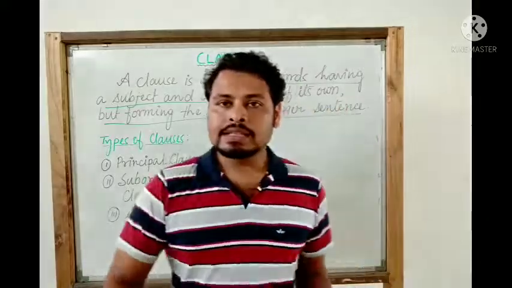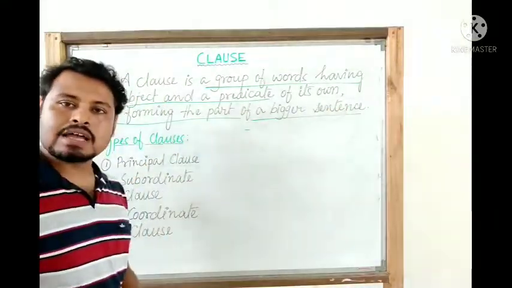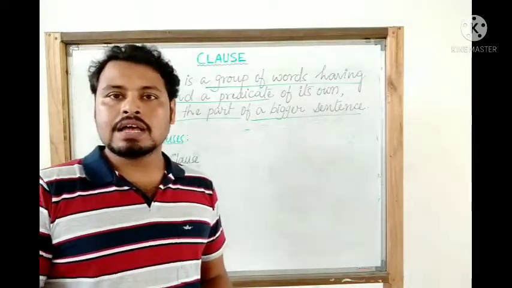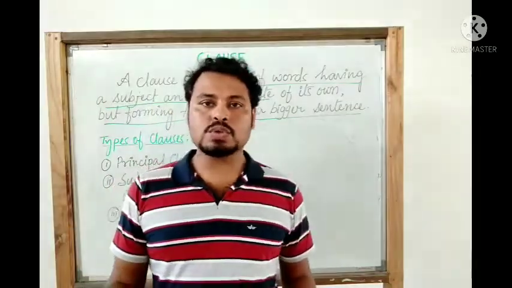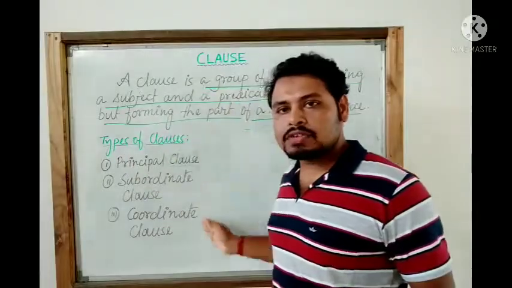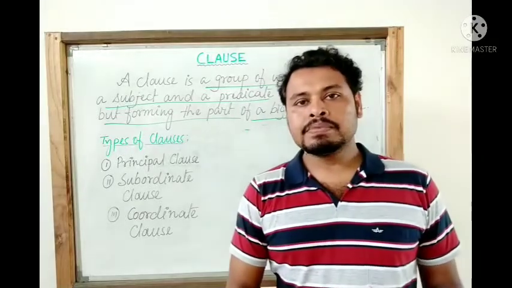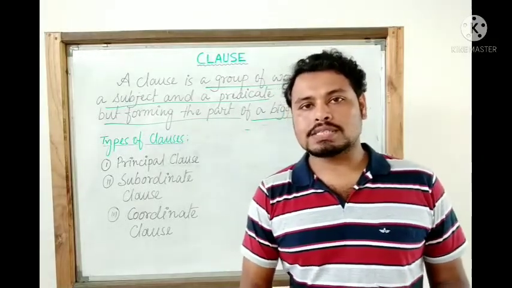So hopefully the idea of clause and its different types are pretty clear. Once we go through the definition and all the three types along with the examples, it will be pretty clear to know more about clauses.